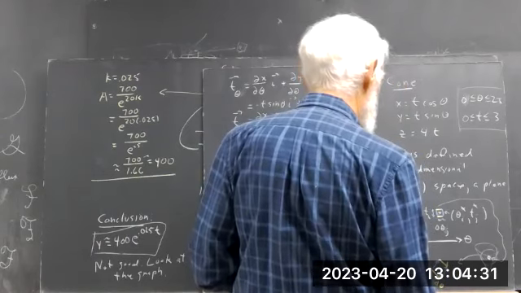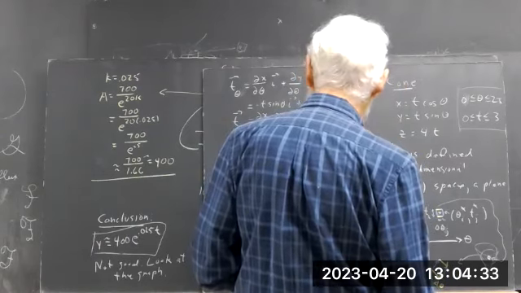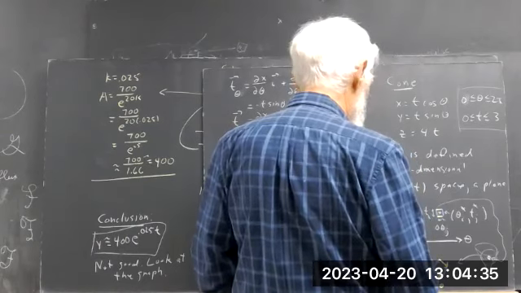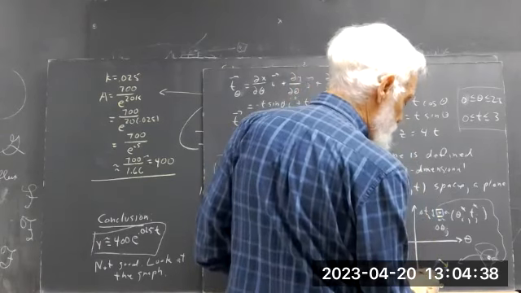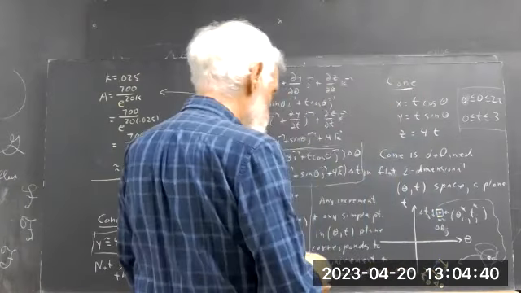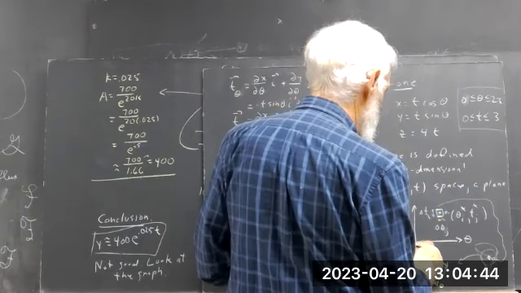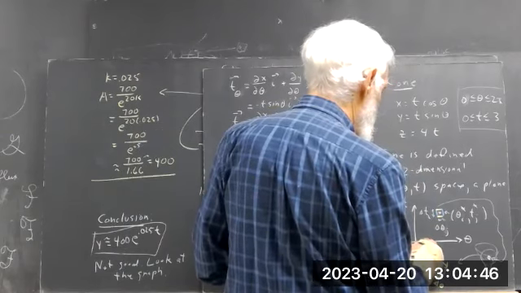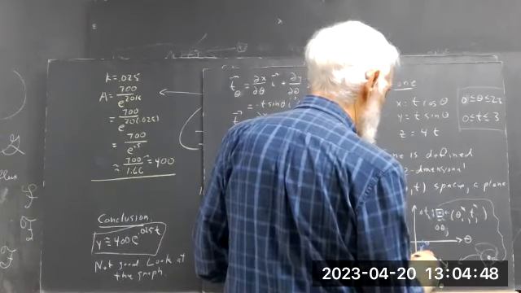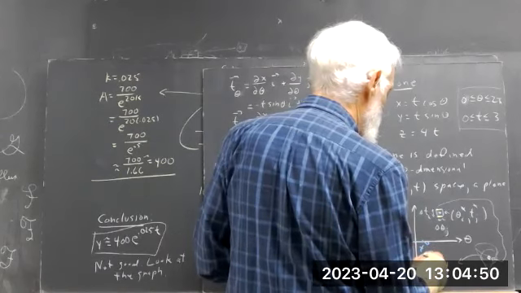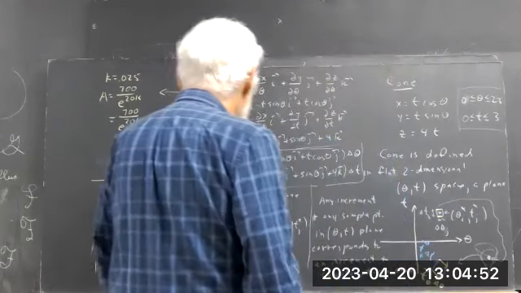So this would be the vector T sub T delta T.